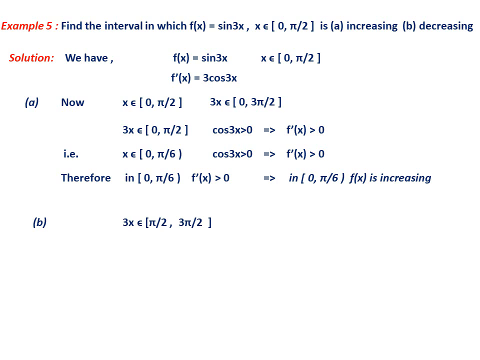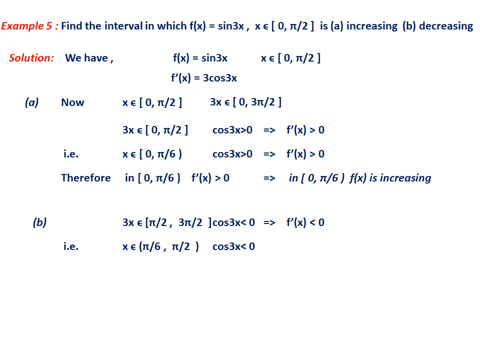Similarly, second case is 3x belongs to pi by 2 to 3 pi by 2. That means 90 to 270 degrees, so in the second quadrant, cos 3x is negative. Therefore, this implies f dash x is negative. And now, whenever 3x belongs to pi by 2 to 3 pi by 2, x belongs to pi by 6 to pi by 2.